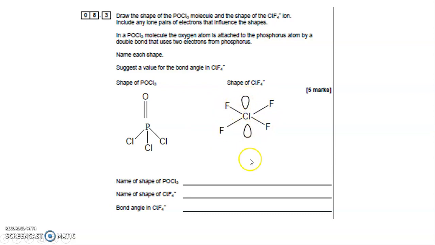You ignore the lone pairs when you describe the shape. The name of the POCl3 shape is tetrahedral, a distorted tetrahedral. Tetrahedral gets you the marks. ClF4 minus is a square planar shape. Bond angle in ClF4 minus is 90 degrees between the ClF bond and the next ClF bond.